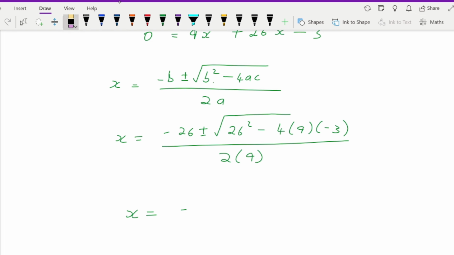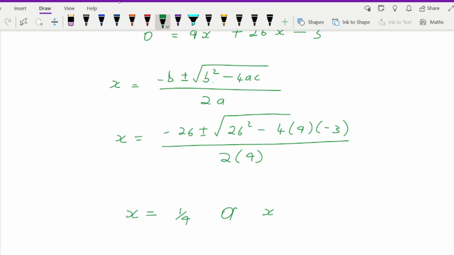Okay, I'm just going to straight ahead write the answer because that should be easy enough to do. So for the positive one, it gives us 1 over 9.